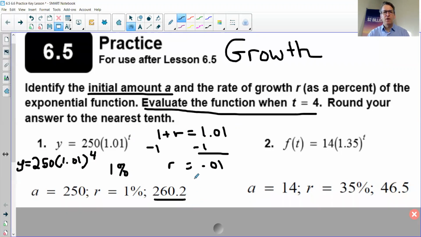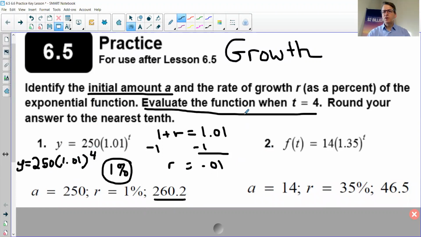They're fairly straightforward in this practice for growth. As you can see with number 1, that front number is 250, the growth is 1%, and if you calculate 1.01 raised to the 4th power, multiplied times 250, you get 260.2.